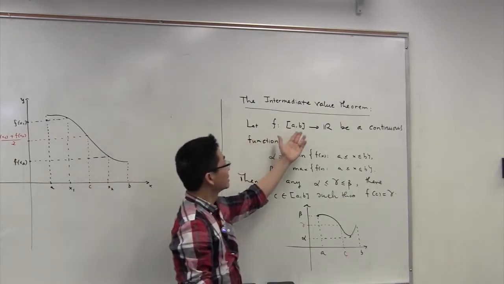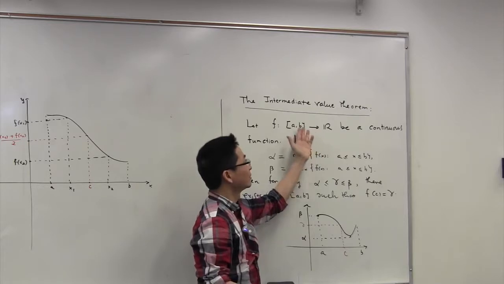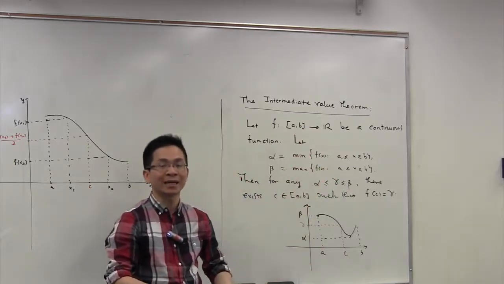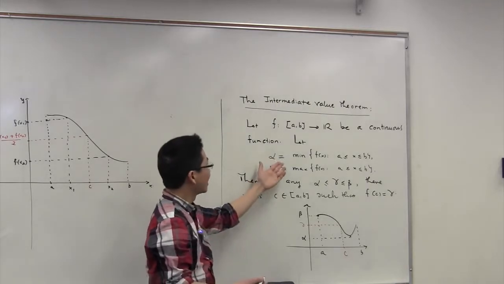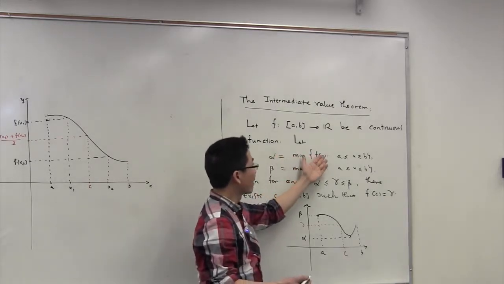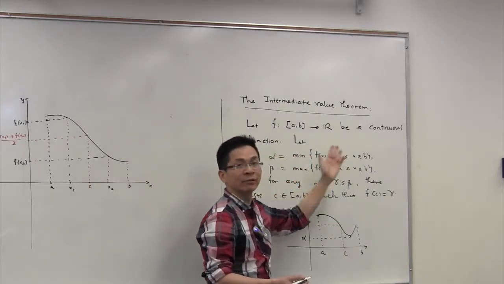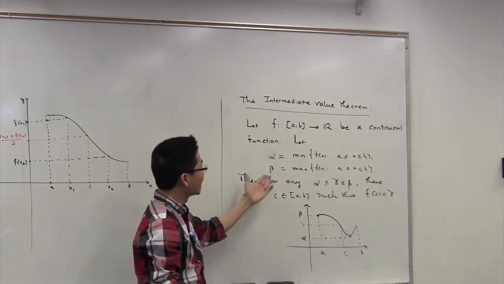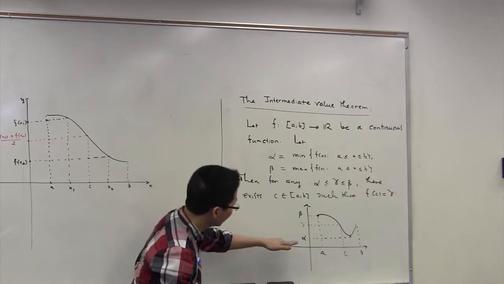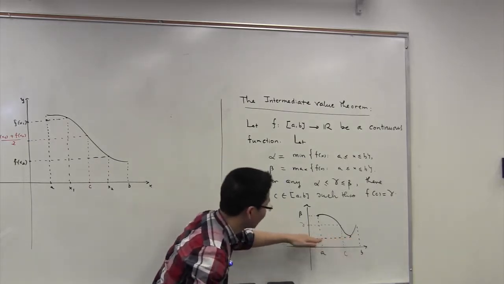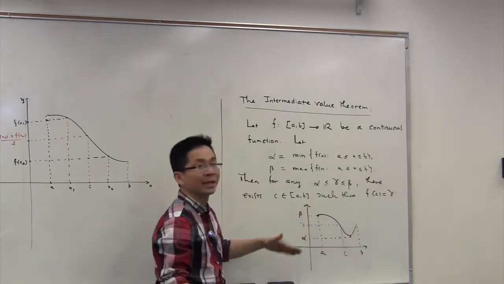Let f be a function defined on the interval AB, and we assume that f is a continuous function. Here, alpha is the smallest function value in this interval, and beta is the largest function value in this interval. Over here, this is alpha, and this is beta.